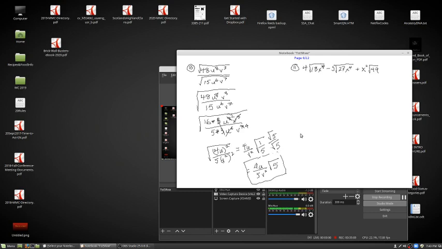So that's what we mean by rationalizing the denominator. You have a square root of a non-perfect square, you multiply it by that square root so that you end up with a square root squared. That gets rid of the radical, but it moves it up to the top, into the numerator.